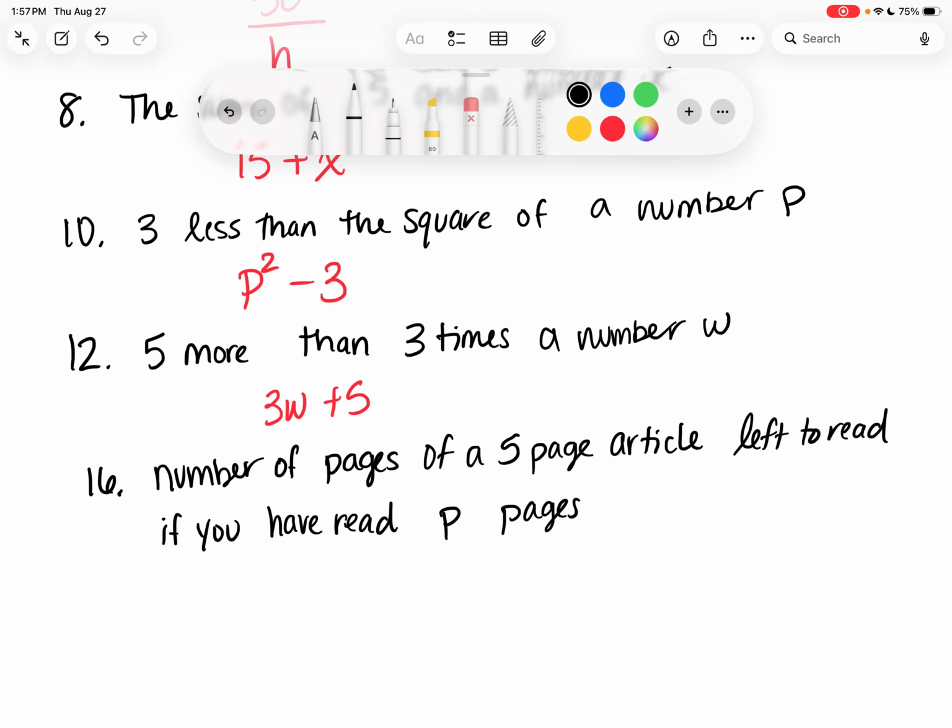What do we think about this one? This one's a little bit more confusing. Five minus P. Yep, so we had a 5-page article. We've already read P, so if we want to figure out what's left, we have to subtract off the amount that we've read. So 5 minus P.